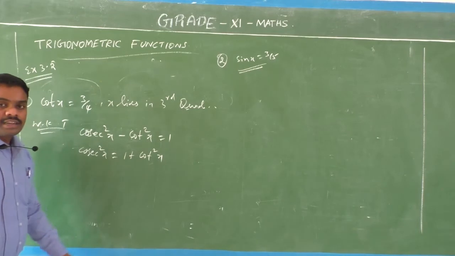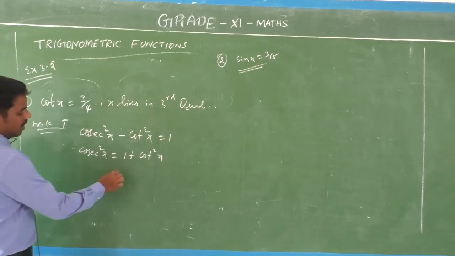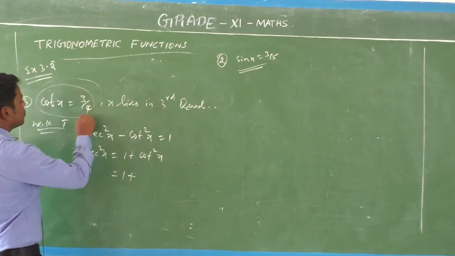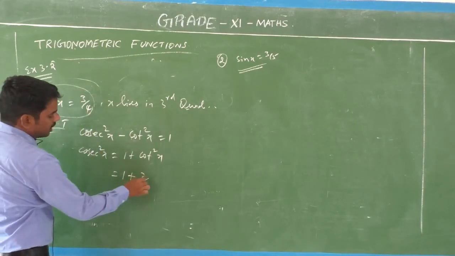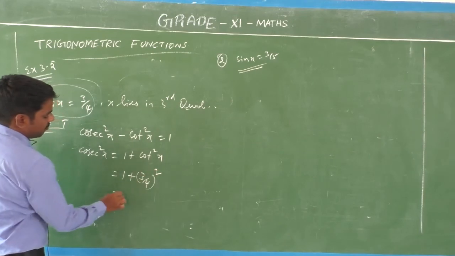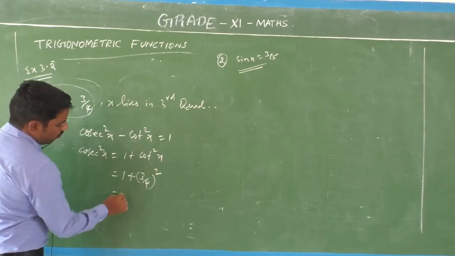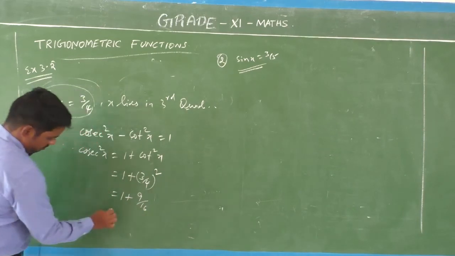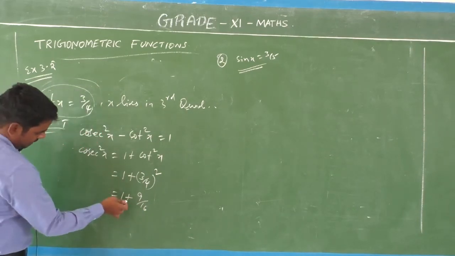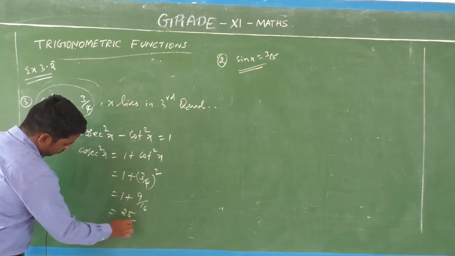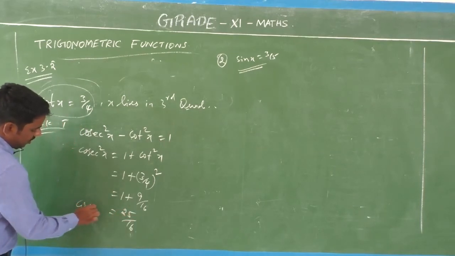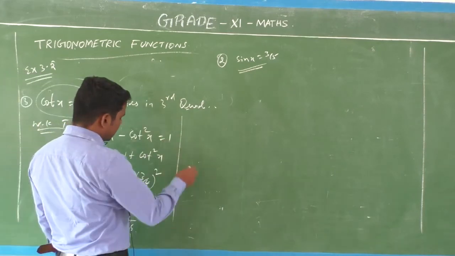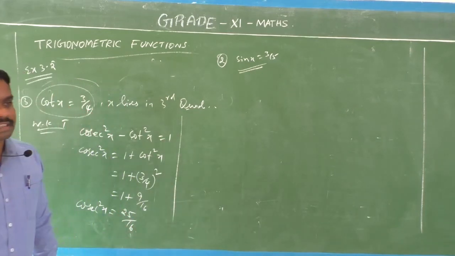Here the cot x value is known, so 1 plus 3 by 4 the whole square: 1 plus 3 squared 9 over 4 squared 16, equal to 16 plus 9, 25 divided by 16. Cosecant squared x is equal to 25 by 16.